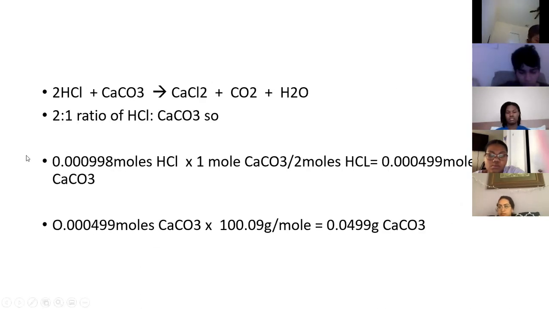I have to realize there's a 2-to-1 ratio between HCl and calcium carbonate. So I take my moles of HCl and multiply that by 1 mole of calcium carbonate over 2 moles of HCl. This will give me the moles of my calcium carbonate. I then multiply those moles by my molecular weight for calcium carbonate, which is 100.09. This gives me 0.0499 grams of calcium carbonate.